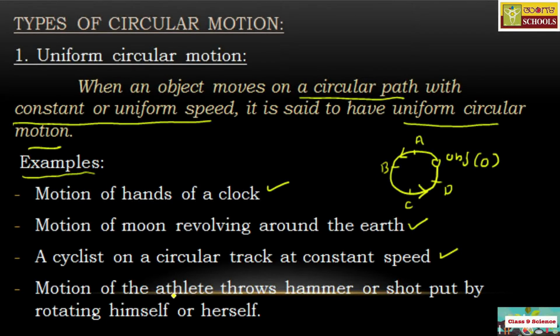Similarly, an athlete who throws a hammer or shot put by rotating himself or herself gains constant or uniform speed. That is also an example of uniform circular motion of the object. So these are the definition and examples for uniform circular motion.